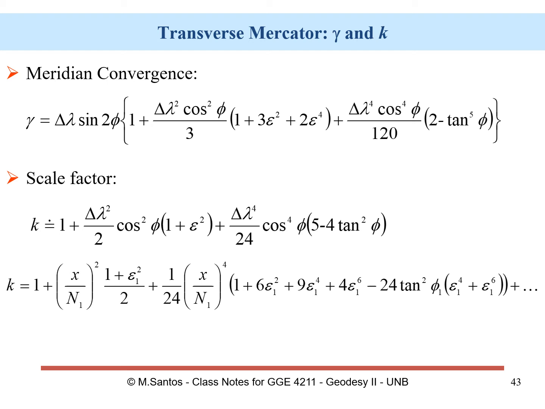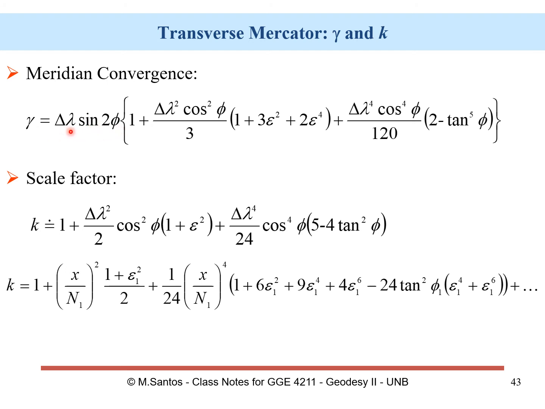Gamma and scale factor. Gamma is given by this expression. The important thing here is that if we use the correct value of delta lambda and the correct sign of delta lambda and the correct sign of latitude, we will get the meridian convergence with the sign ready to be applied in the equations for the angular reduction.